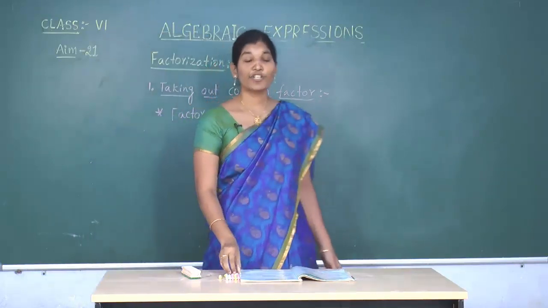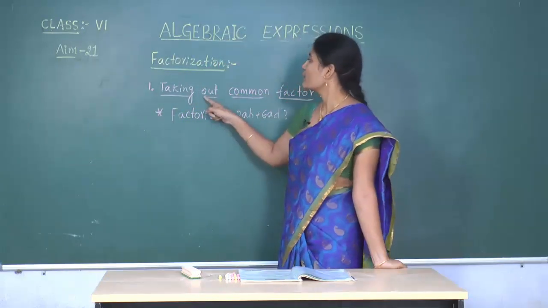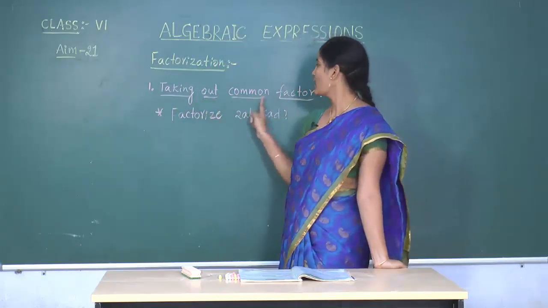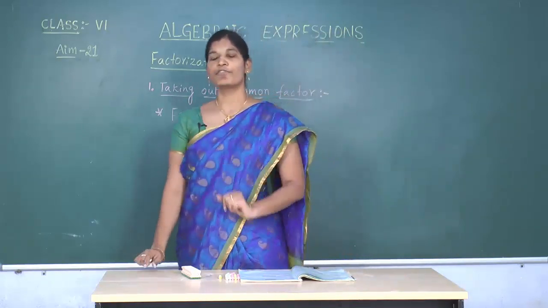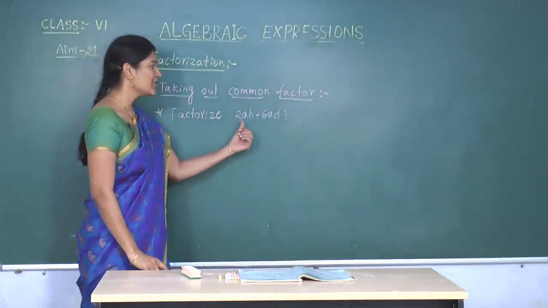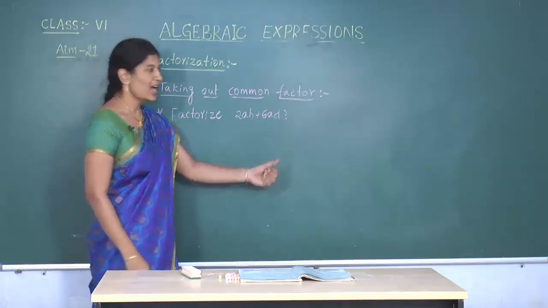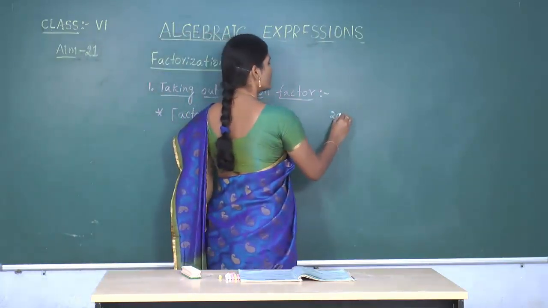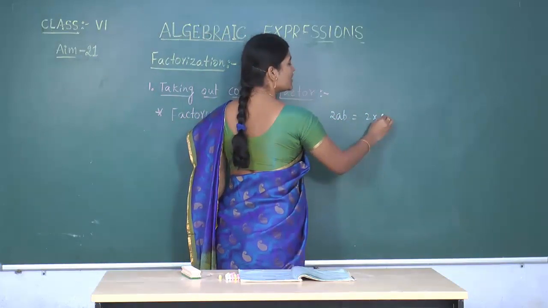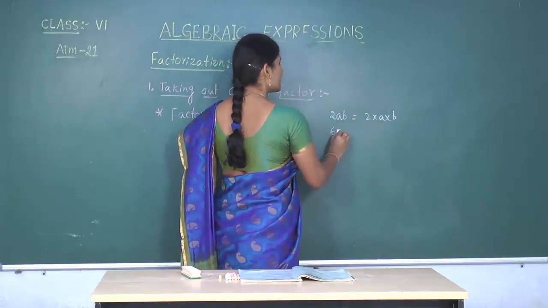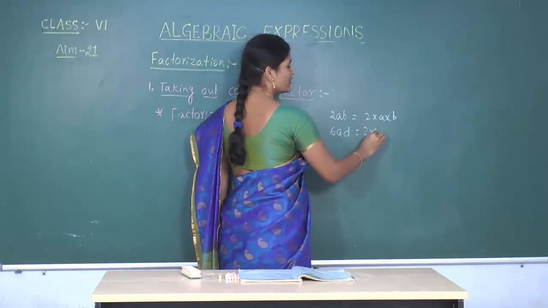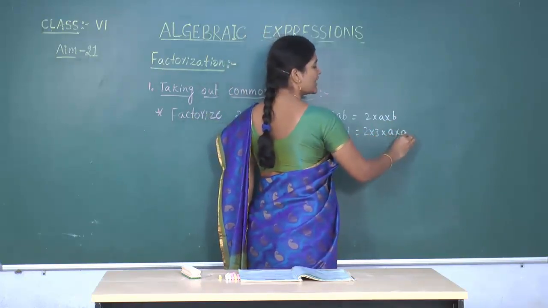I am going to solve this problem by using this method, taking out a common factor. First of all we have to find the HCF of these two terms. 2ab we can write as 2 into a into b, and 6ad we can write 6 as 2 into 3, and ad as a into d.